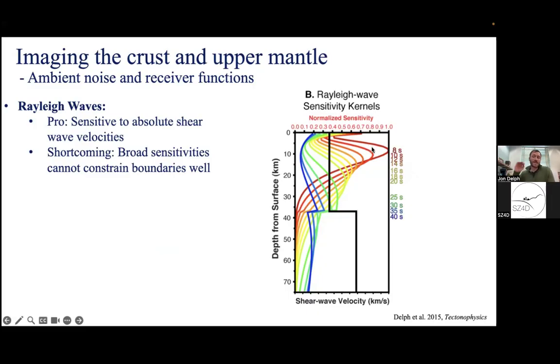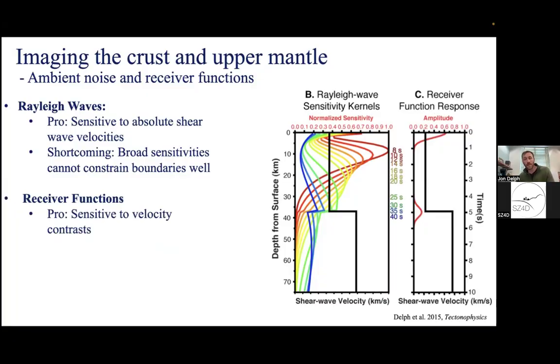Okay, so if there's a discontinuity somewhere in that depth range, this data set's not going to see it. We can try to help mitigate that by adding measurements at more periods, which we always do. But you can see that these sensitivities are just so broad that they're not going to constrain our depths to boundaries well. For instance, our Moho here, a wave that's sensitive to that is also sensitive to plus or minus 30 kilometers on either side of this discontinuity.